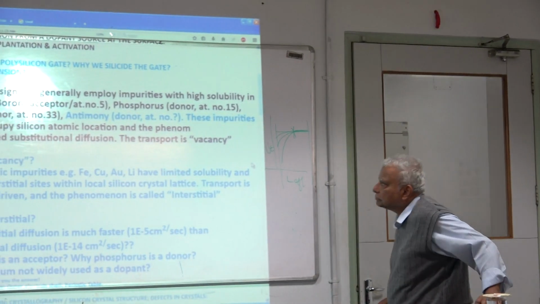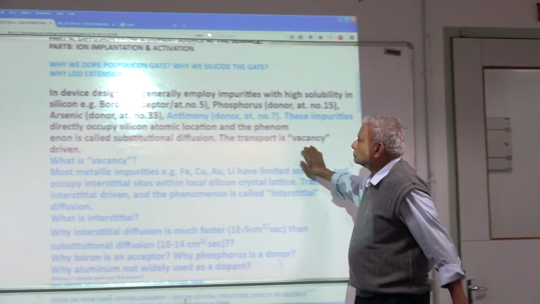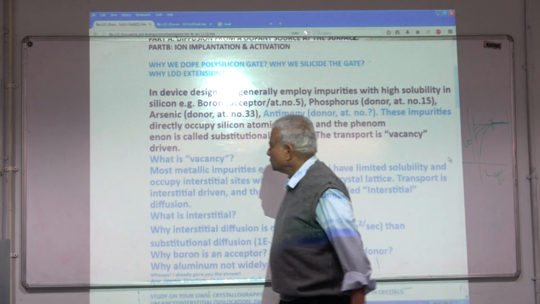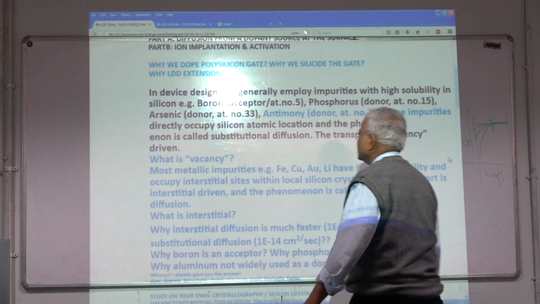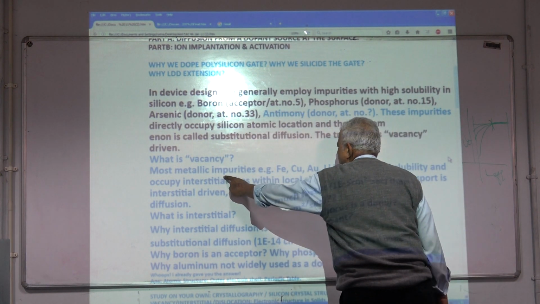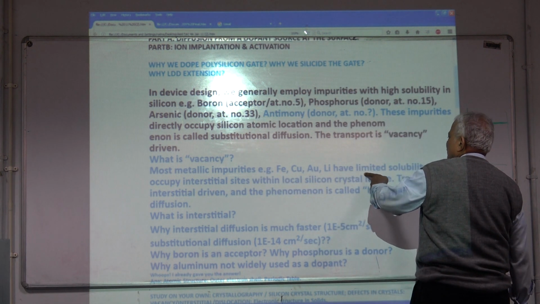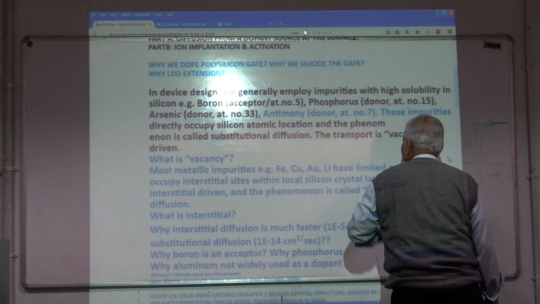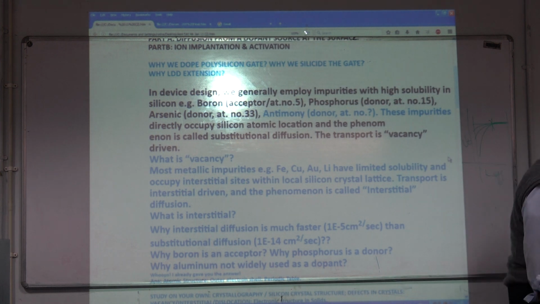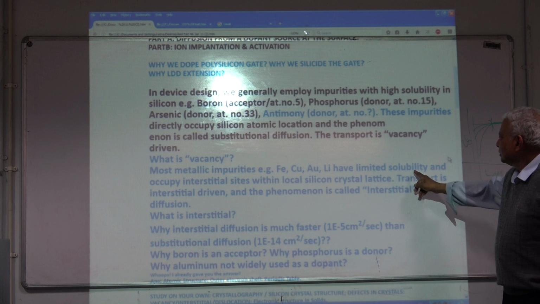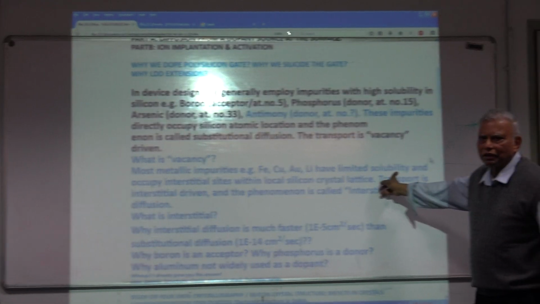Because of that, some of these are vacancy driven, some of these are interstitial driven. So most metallic impurities, the heavier ones, the slow moving ones, have limited solubility. That's no wonder, right?